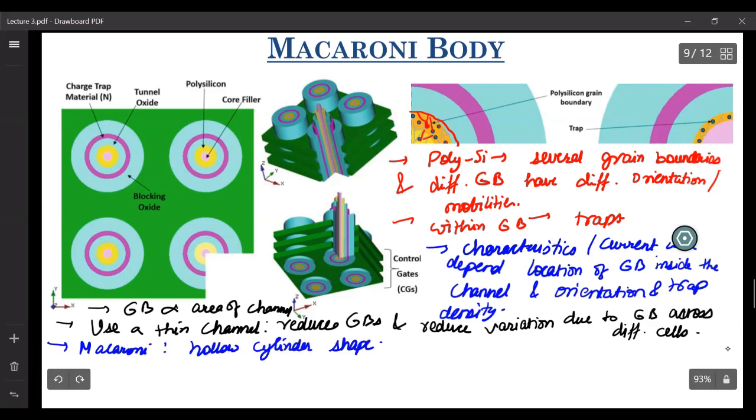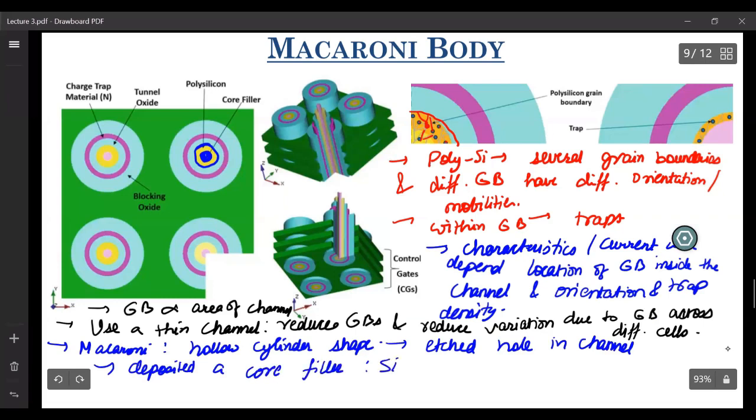So what these memory engineers did was they had this polysilicon channel, and to reduce its thickness, they etched a hole in the channel, and then they deposited a core filler. This core filler is nothing but SiO2. Using this process, they were able to reduce the channel thickness.